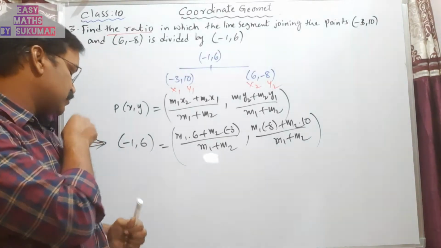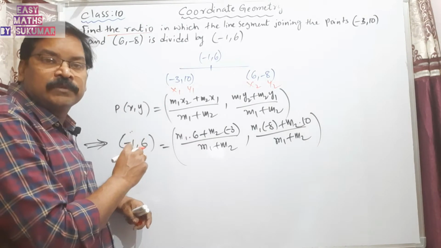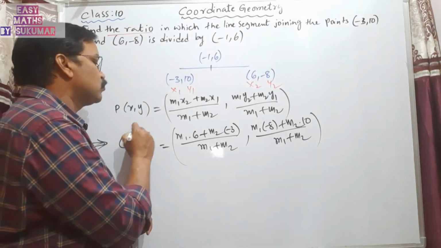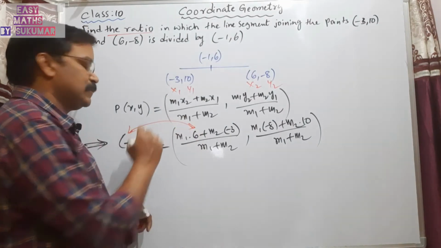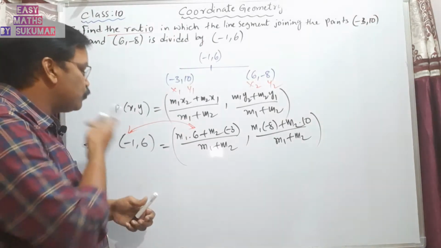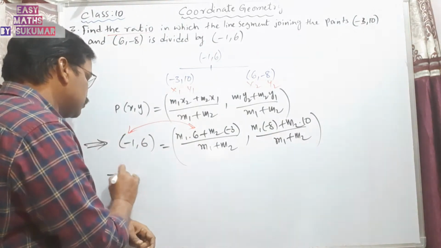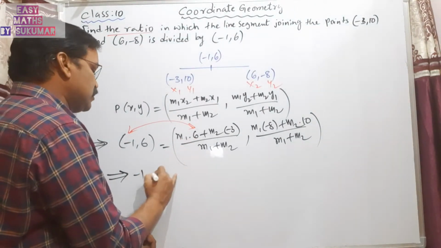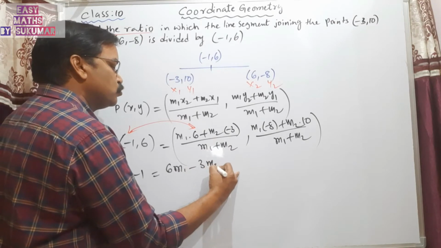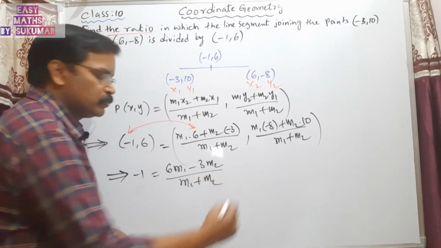Okay, now my dear students, let us equalize this first coordinate, or x coordinate, to the first coordinate on the right hand side. So minus 1 is equal to 6m1 minus 3m2 by m1 plus m2.